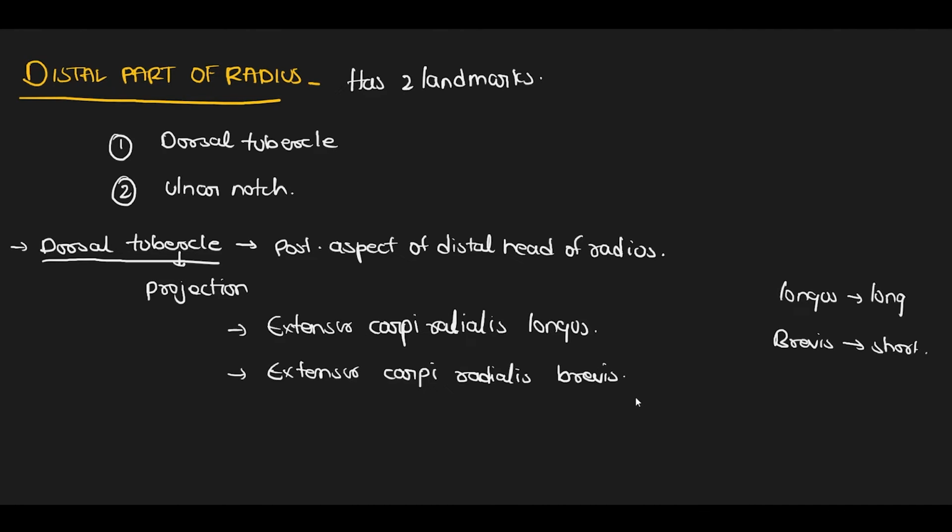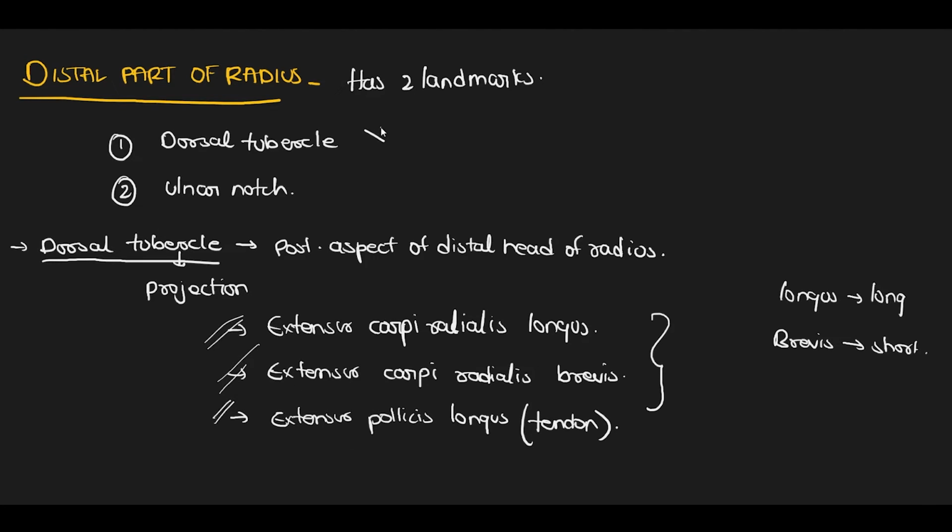So what is the third muscle here? The third muscle is the extensor pollicis longus tendon. So what are the three muscles which are inserted into the dorsal tubercle? Those are extensor carpi radialis longus, extensor carpi radialis brevis, and extensor pollicis longus tendon.